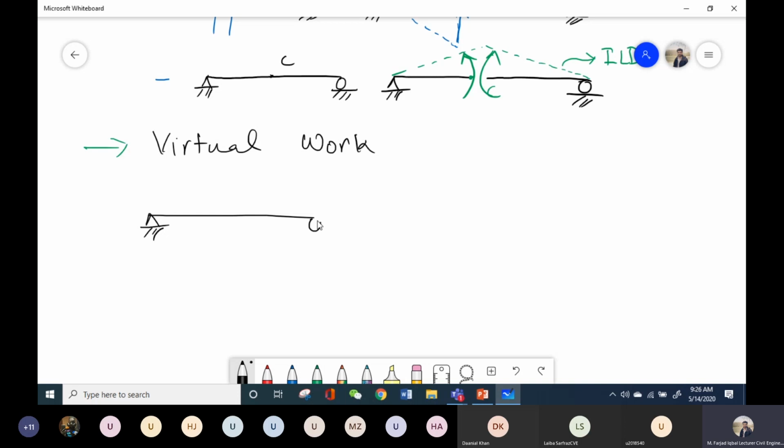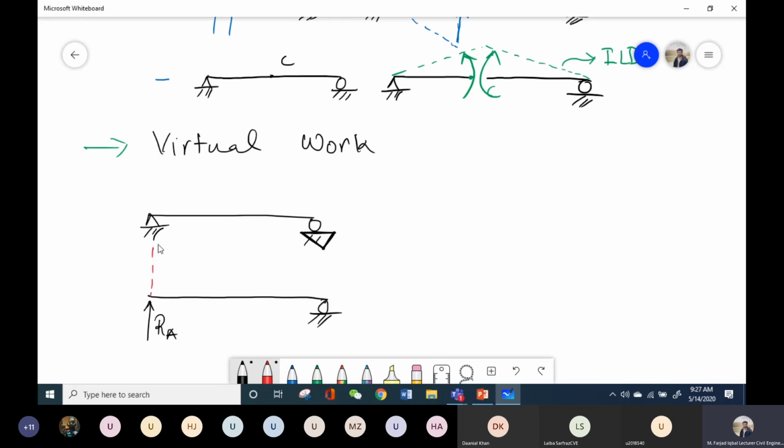Just ignore this diagram, and I want to plot the ILD, as Muller actually did. As I showed you before, if I want to plot the ILD for the reaction at support A, I removed this support, or considered that the beam cannot resist this vertical reaction, and plotted the deflected shape.